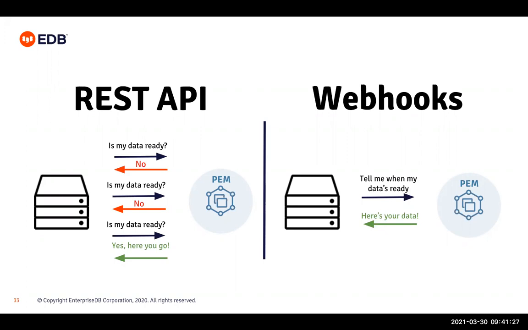Another example, I believe, is ServiceNow, which has a REST interface, so you can now ship your PEM alerts on a specific level to ServiceNow to get that full overview.